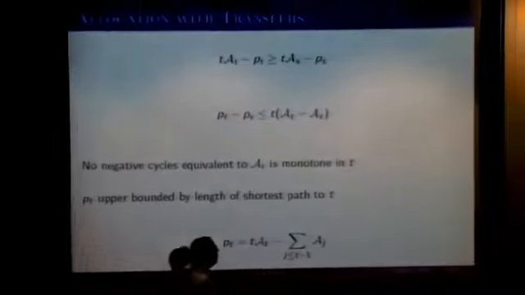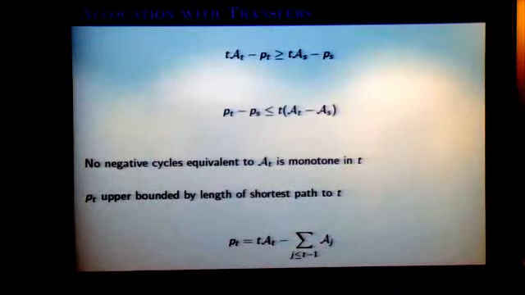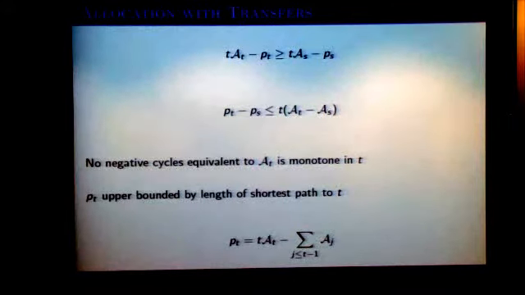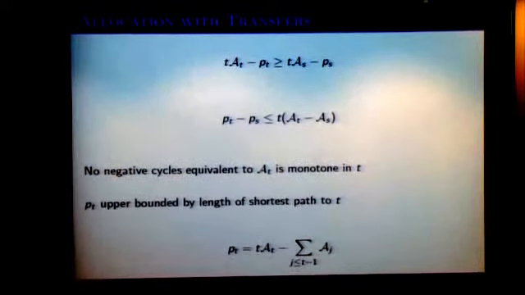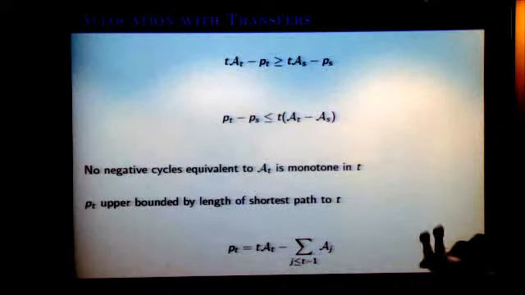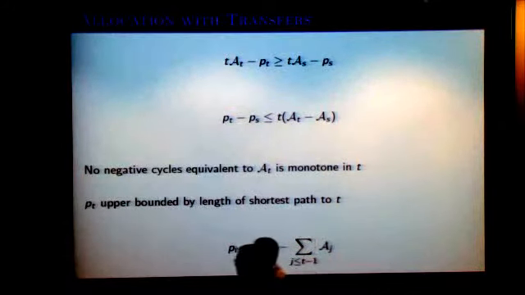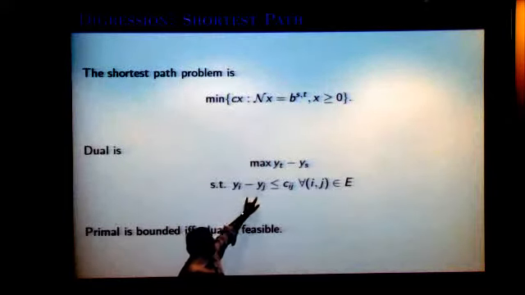There they are at the top. And now what I've done is I've rewritten them so that the prices are on one side and the interim allocations are on the other side. Now, if I fix the interim allocations, that system, the second inequality that you see on the slide, looks like this. Agreed?